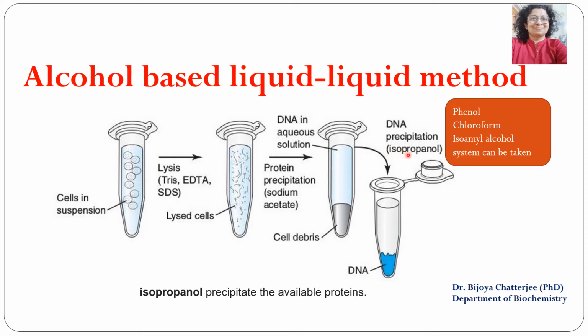The removal of protein can be done by isopropanol, and it can be enhanced by using a mixture of phenol, chloroform, isoamyl alcohol, which gives a very good purity of the extracted DNA.